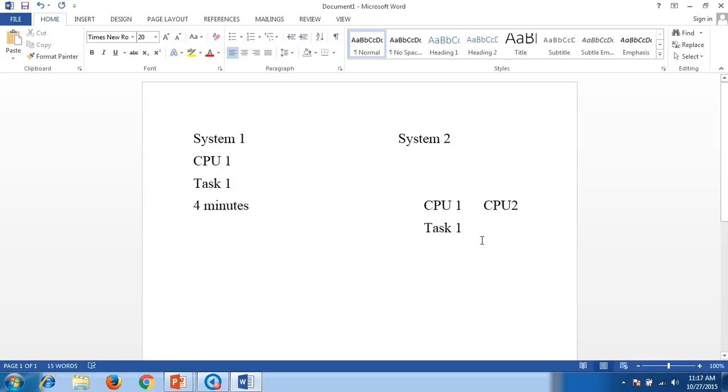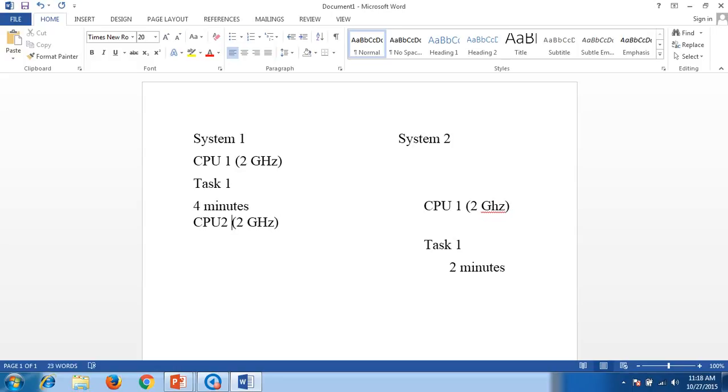It clearly shows that because the number of CPUs is more, it will finish that work in 2 minutes. What do you think? Here we have only one CPU, and here we have more than one, 2 CPUs. Assume the speed of this CPU is 2 gigahertz, and the speed of this CPU is 2 gigahertz and 2 gigahertz.